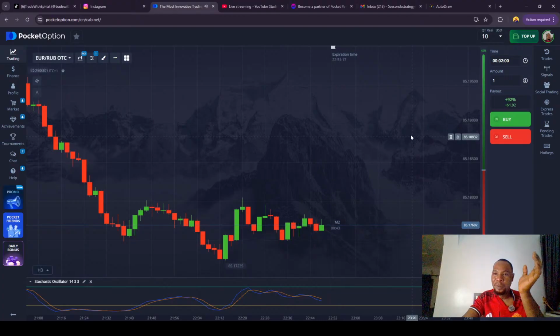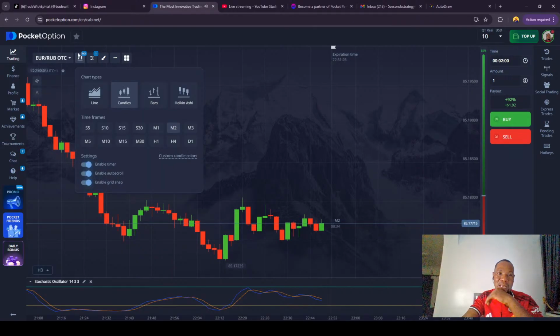To set your 2 minute chart, you click on this particular chart here, and if you are not on candles, you click on candles, then click on M2, and also try to enable this timer right here.